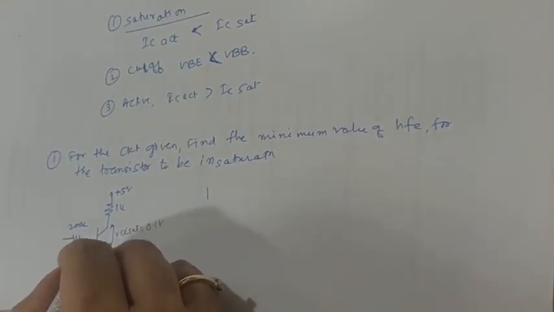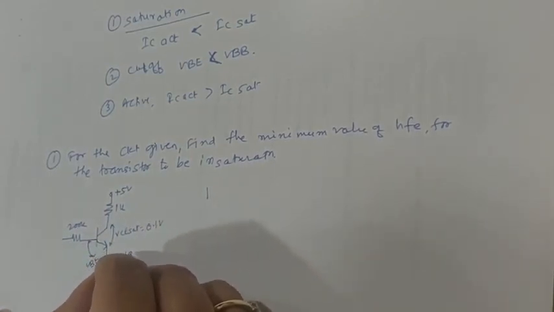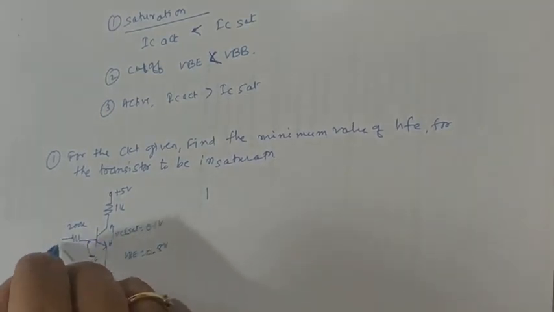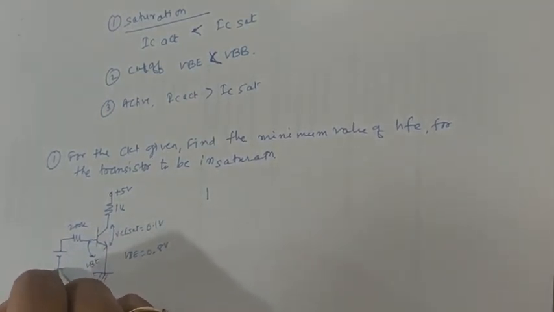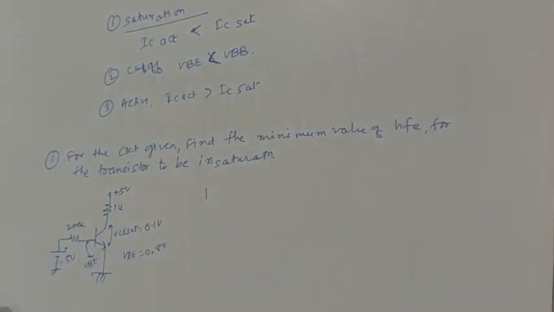Then VBE is equal to 0.8 volts, and the voltage that is applied to the base of the transistor is of course equal to 5 volts. So this is the circuit given, and for this circuit you need to find the minimum value of HFE so that this particular circuit will be in the saturation region.